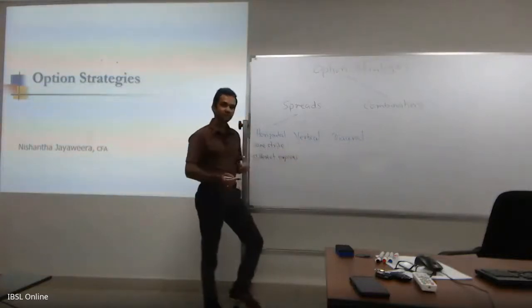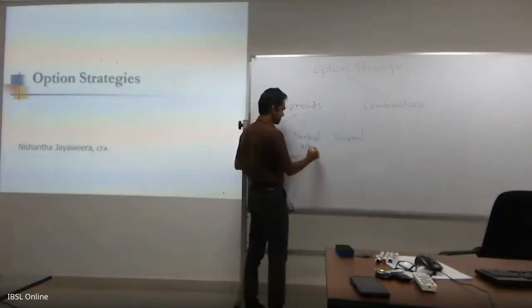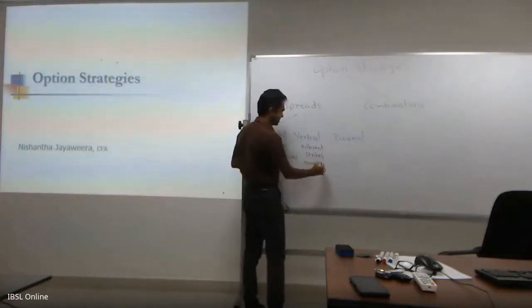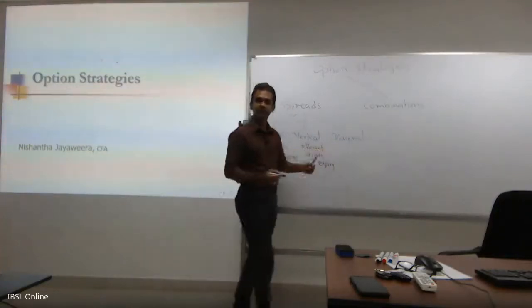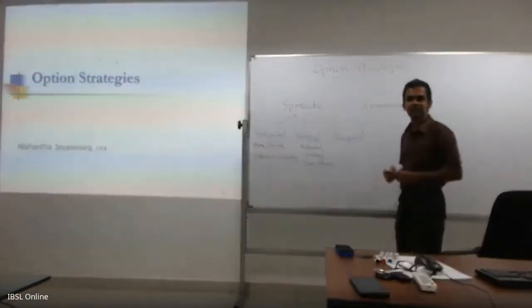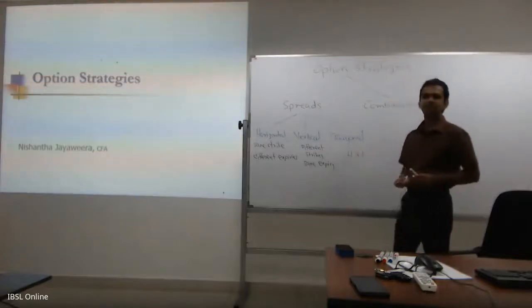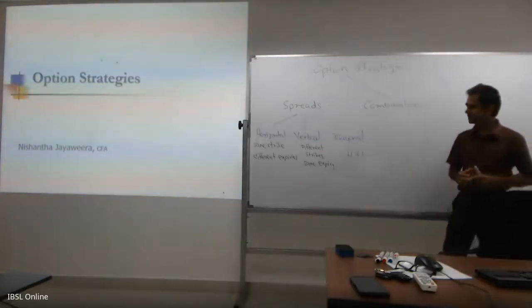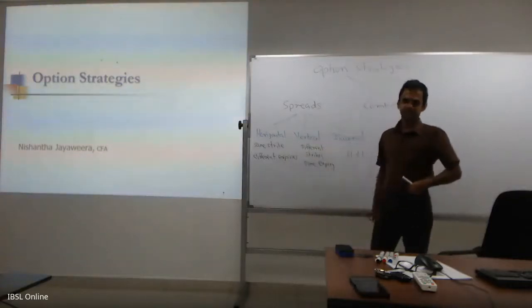In a vertical, it's the other way around: different strikes but the same expiry. In the diagonal, it's a combination of horizontal plus vertical. That means different expiries as well as different strikes.